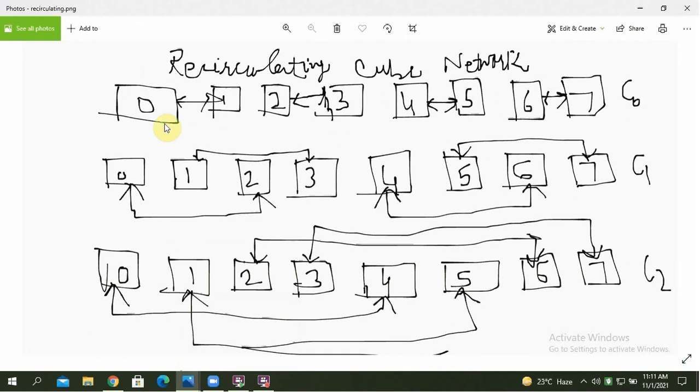Here the interconnections of the PEs corresponding to the three routing functions, C0, C1 and C2, are shown separately. Here 0 to 7, then 0-2, 1-3, 4-6, 5-7, and 0-4, 1-5, 2-6 and 3-7.